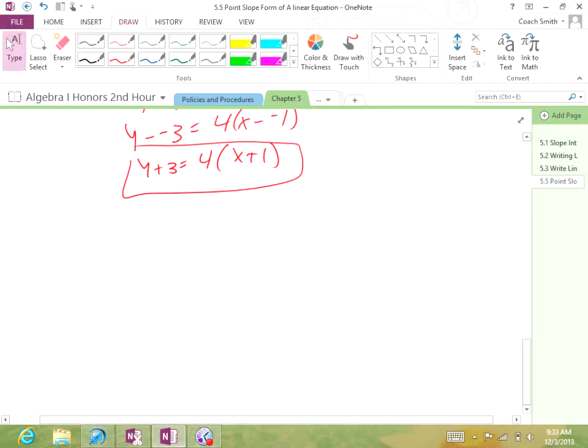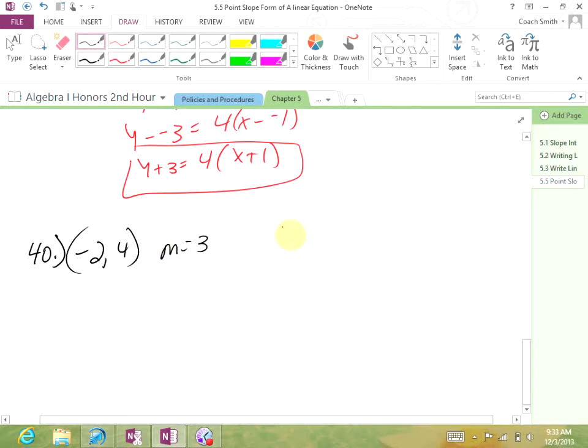The third type of problem is number 40. They want you to take number 40 and put it in point slope form, then rewrite the equation in slope-intercept form. Number 40 says negative 2 and 4 with the slope of 3.